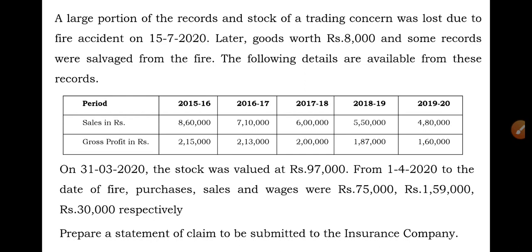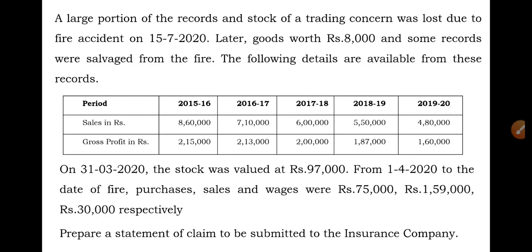Based on that, we take an average gross profit ratio. After computing the rate of gross profit for the past 5 years, we find the average gross profit ratio, and then we can go with the memorandum trading account. Sales for 15/16, 16/17, 17/18, 18/19 and 19/20 are given, and gross profit for the same 5 years is also given.